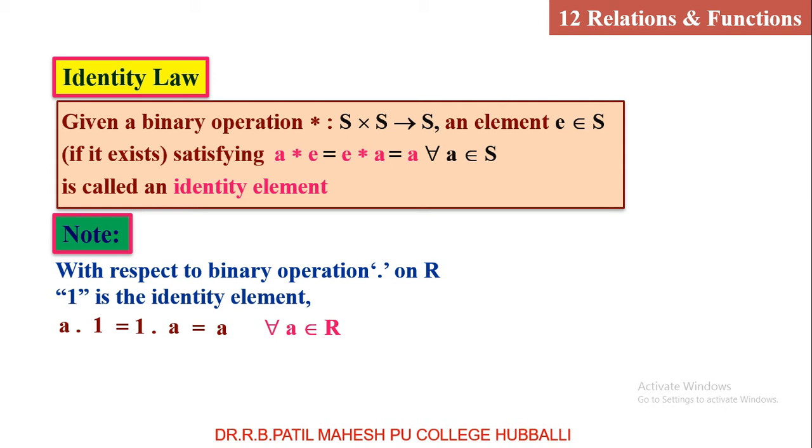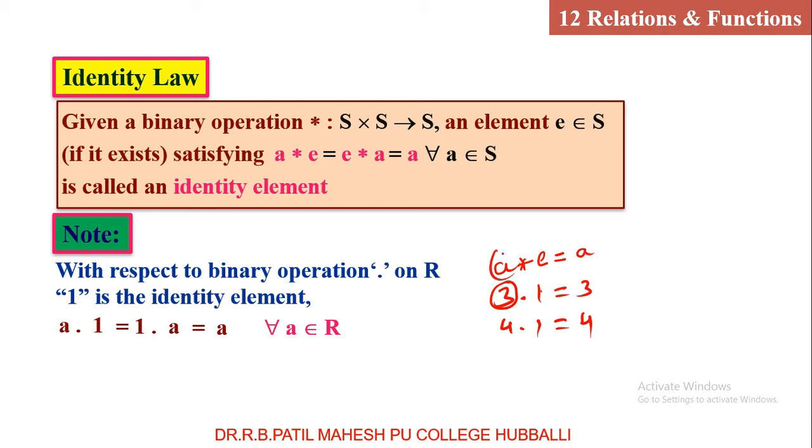Students, if you take any real number, say 3 into 1, how much? 3 only. 4 into 1, how much? 4 only. So here 3 acts as the element A, this dot acts as the operation star, then 1 is nothing but E, and the result is 3 only, meaning A itself.